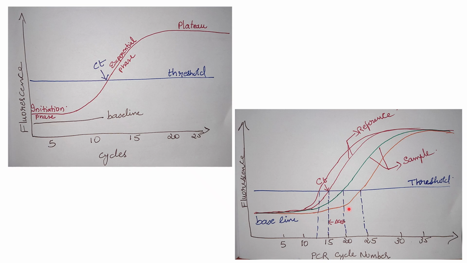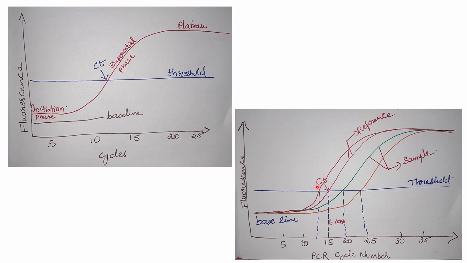It is not because of variation in RNA extraction that I am getting a lower CT value for the fruit and a higher CT value for the leaf. It is not due to my extraction method or some technical variation.